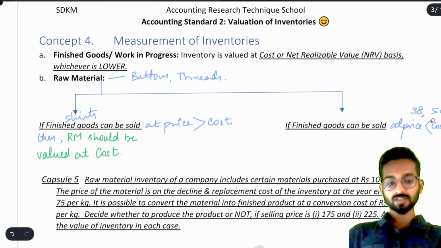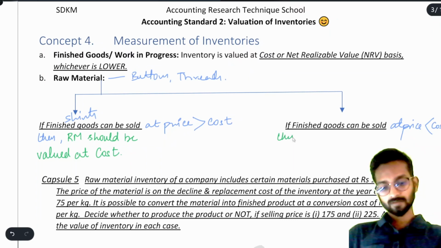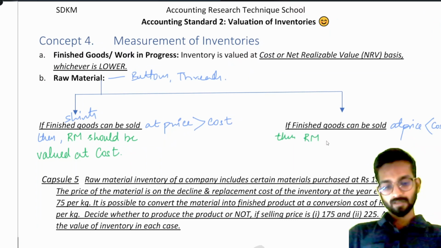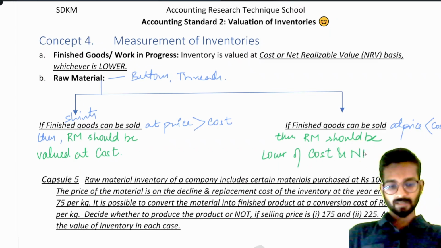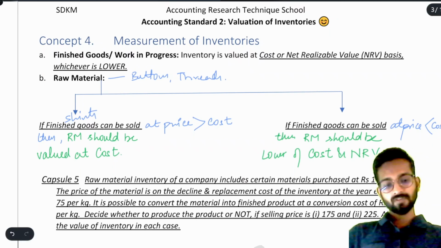It means it is a loss for us. If it is a loss for us, then raw material should be valued at the lower of cost and net realizable value. Understood? Very easy. We will solve some capsules. From that, again you will get a grip over this formula.